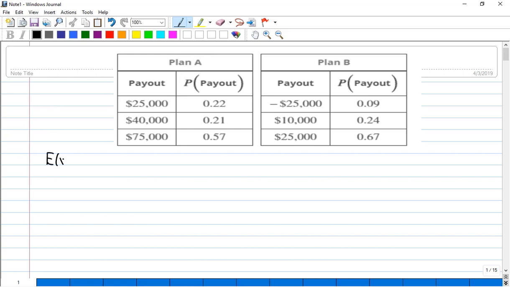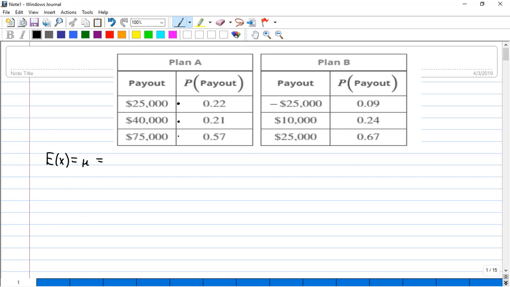Again, the expected value, that's going to be like the mean, that equals. So what you have to do is take and multiply these two numbers together, and then write that number out to the side. I have a little space right here, so that's what I'm going to do.